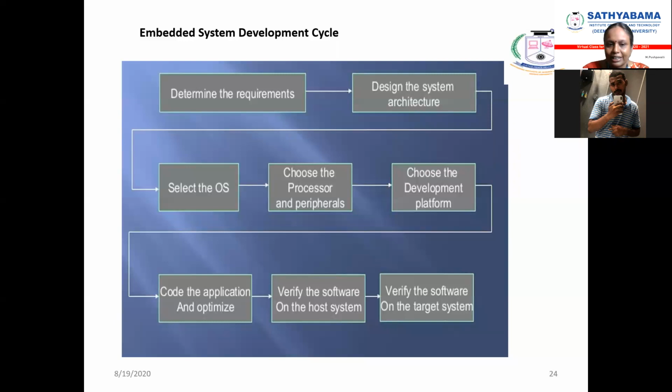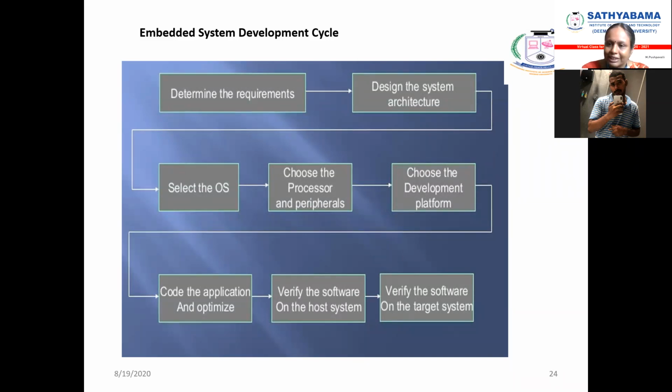Then select the OS, the operating system. When you see 8051 as a microcontroller, definitely for the programming language we use only assembly language. But when you go to a microcontroller with an embedded application, we have embedded C, though it mainly depends on the assembly language coding with only some slight modification.